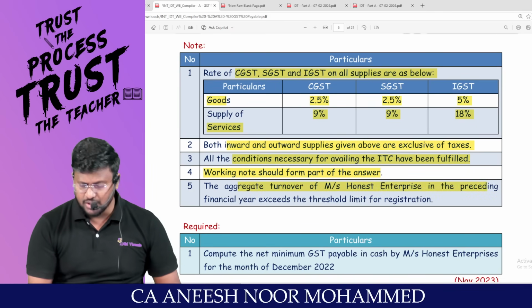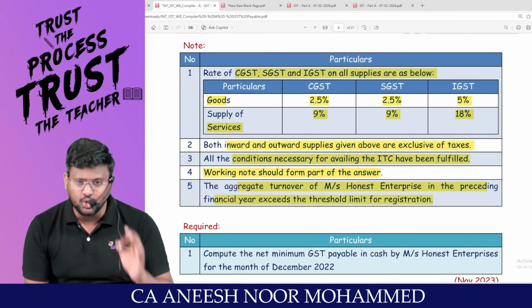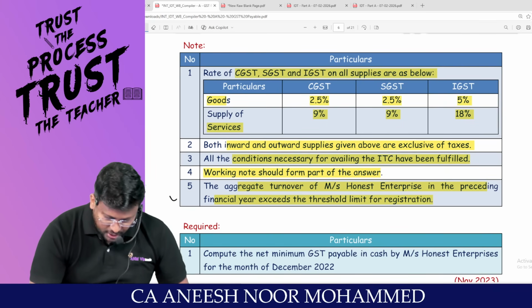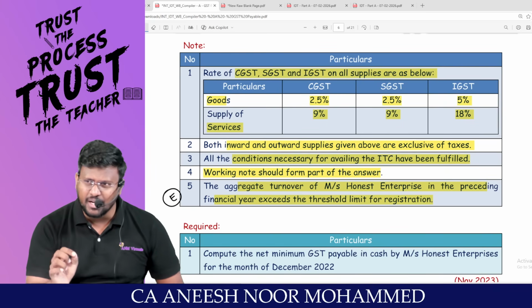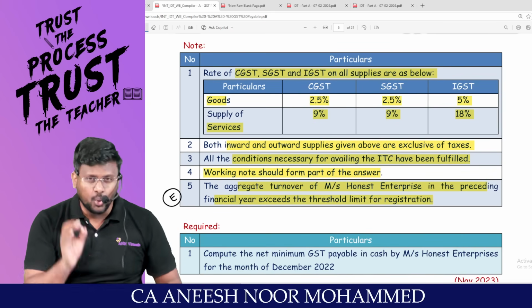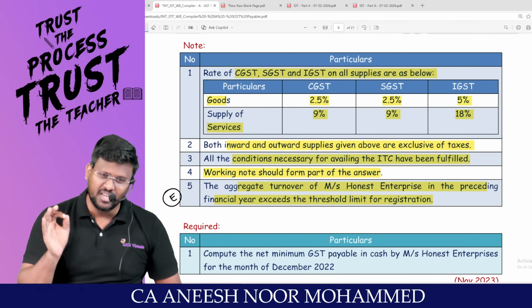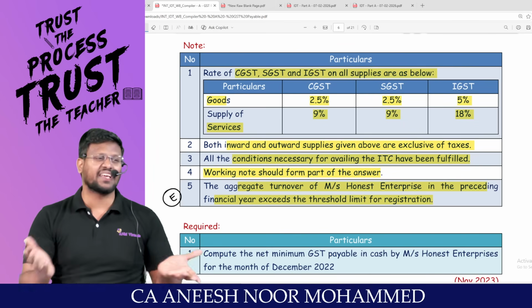Aggregate turnover of Mrs. Honest Enterprises in the preceding financial year exceeds the threshold limit for registration. They are talking about an exemption point. Sir, if legal services have been provided by an individual advocate or group of advocates, including a senior advocate, to a business entity whose turnover in the immediately preceding previous year does not exceed the threshold limit for registration, they are exempt from GST.